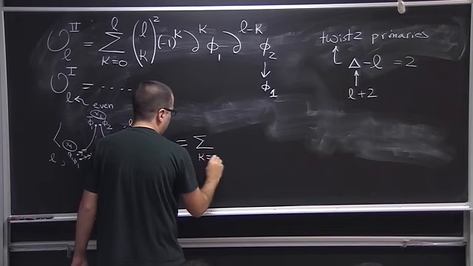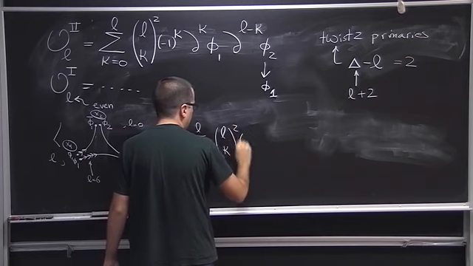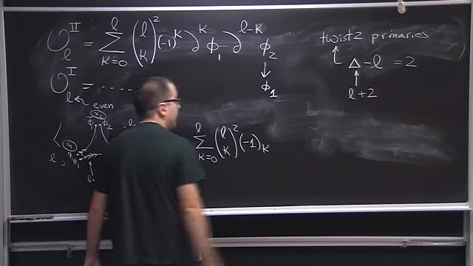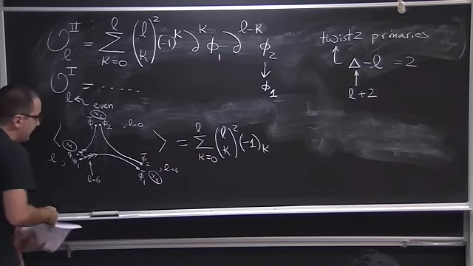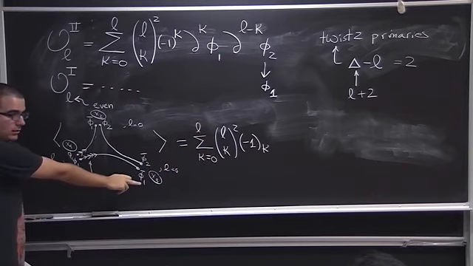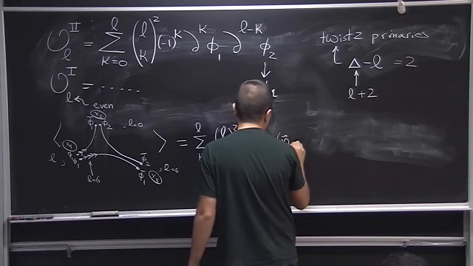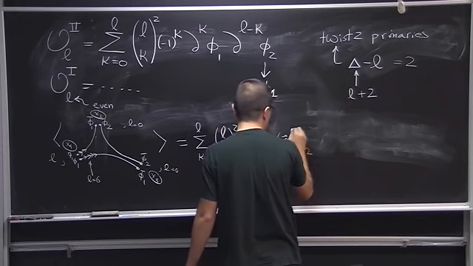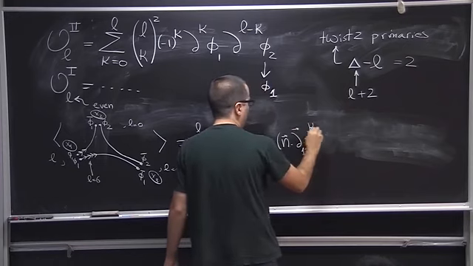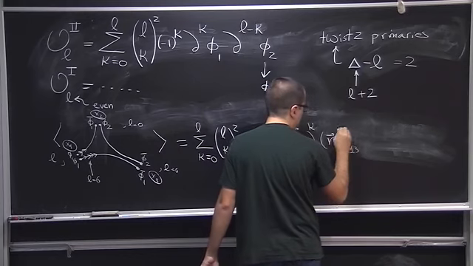You sum from k equals 0 up to L, binomial L k squared, minus 1 to the k. And then you have some derivatives that act here and here, that are acting on these propagators, right? So I can just write n dot the derivative acting on the propagator between 1 and 2 to the power k, n dot the derivative acting on propagator between 1 and 3.